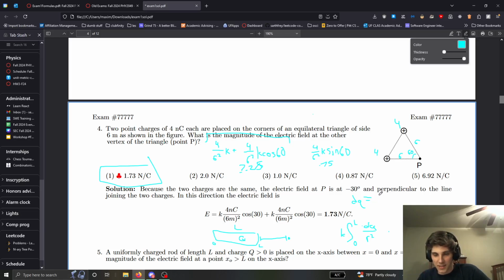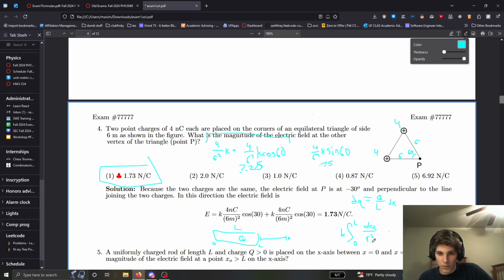And since the entire thing has charge Q, if we divide that by the length of the rod, that's how much charge is in each unit. And we can call this dx, which will probably be easiest. But yeah, we essentially get a unit of charge and then a small length of that charge.